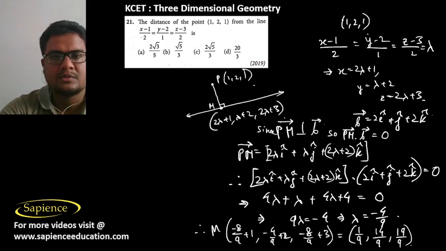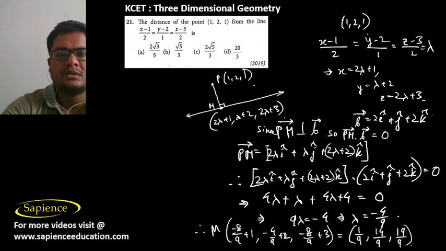The point M is this, therefore you have to find the distance PM.